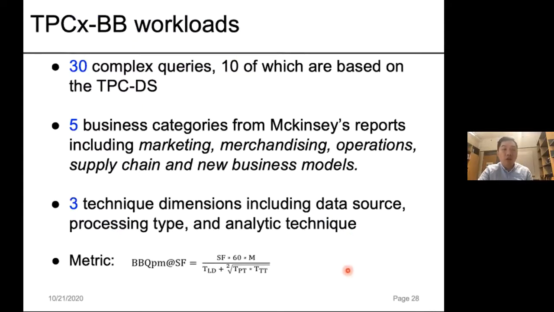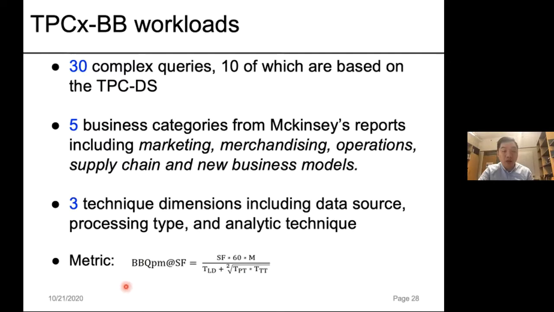Overall, the TPCx-BB workload consists of 30 complex queries, 10 of which are based on TPC-DS. It identified 5 business categories from magazine reports, including marketing, merchandising, operations, supply chain, and new business models. It also considers 3 technique dimensions, including data source, processing type, and analytic technique.